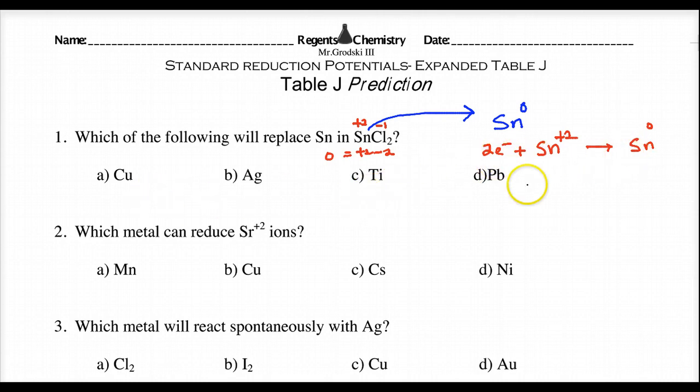So in my reduction potential tables, I can go find this, and I could look for what? Any element or compound that's above it, right? X +2 plus 2 electrons. We know that whatever is above it is going to oxidize, and whatever is below is going to reduce.